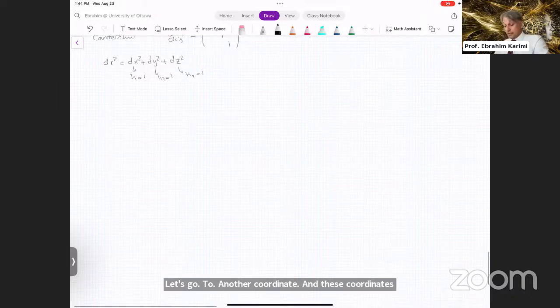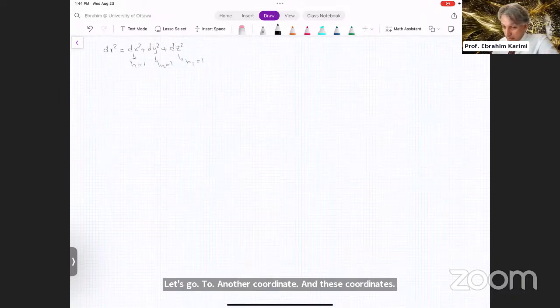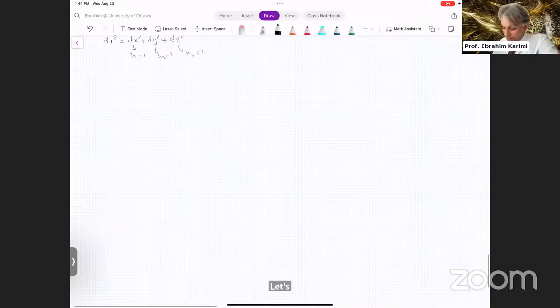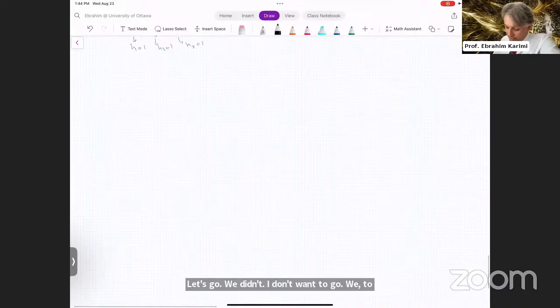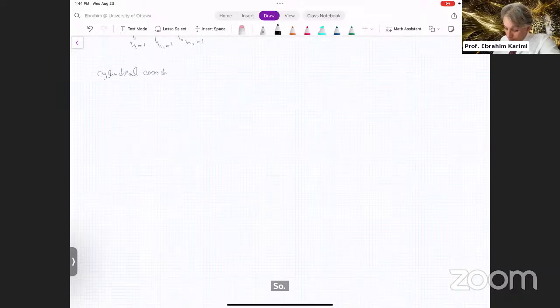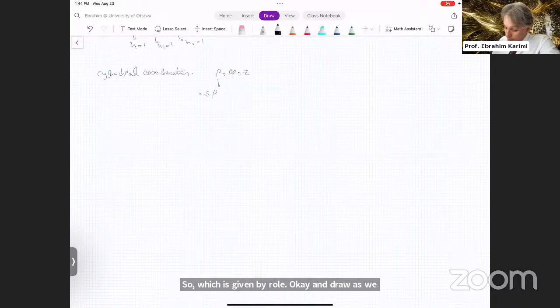Let's go to another coordinate system. I don't want to go with the Minkowski one. I will go with the cylindrical coordinate, which is given by rho, phi, and z. Rho, as we previously said, changes from 0 to plus infinity.